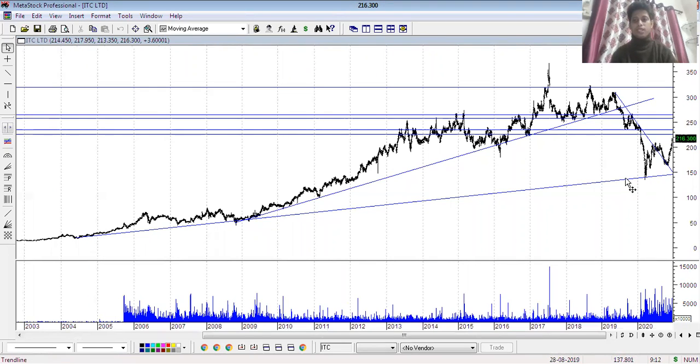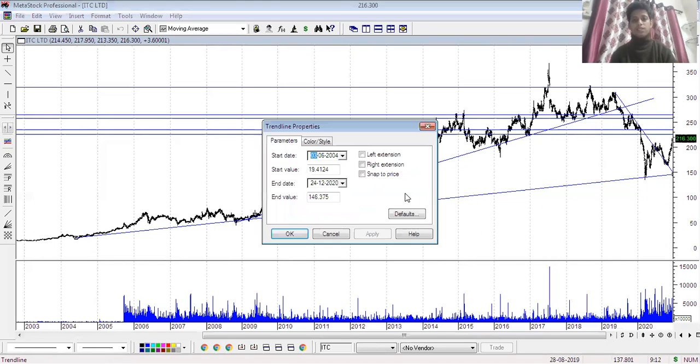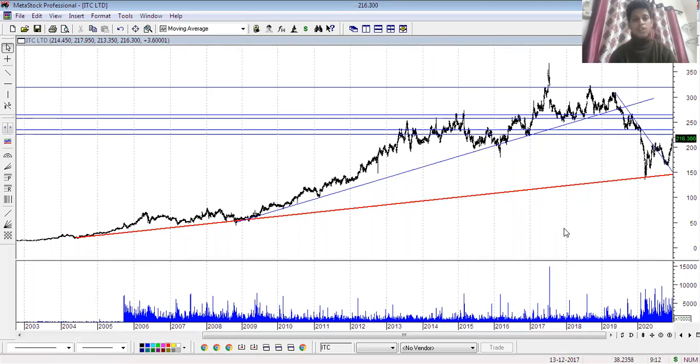It got support from this trend line. You'll see the long-term trend line support is there.